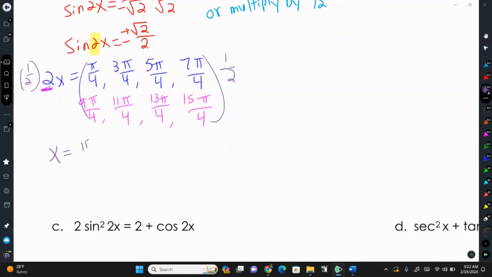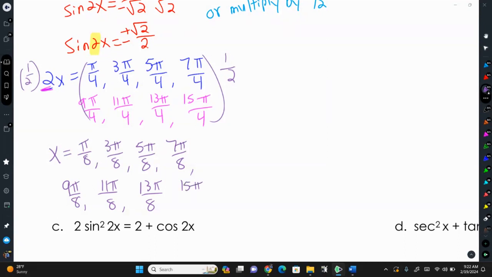So we have now pi over 8, 3 pi over 8, 5 pi over 8, 7 pi over 8, 9 pi over 8, 11 pi over 8, 13 pi over 8, and 15 pi over 8. So the process is the exact same as what we did yesterday, except at the very end, we have to deal with whatever number's in front of our angle.